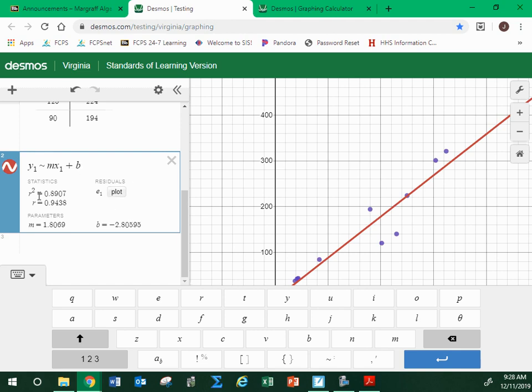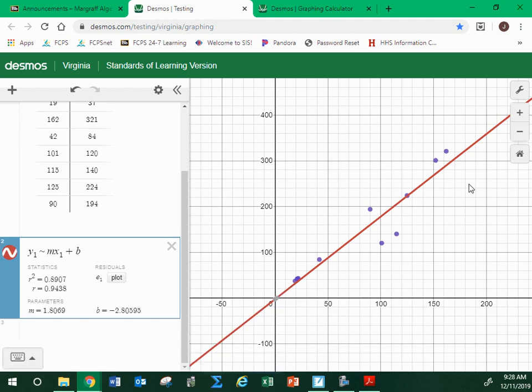So you'll see this information pops up. Desmos just did a lot of math for you. And we can also see our equation or actual line popped up here. They also graphed it for you. For right now, in Algebra 1, you can ignore this information here: the statistics, the R squared, the R, the residuals.